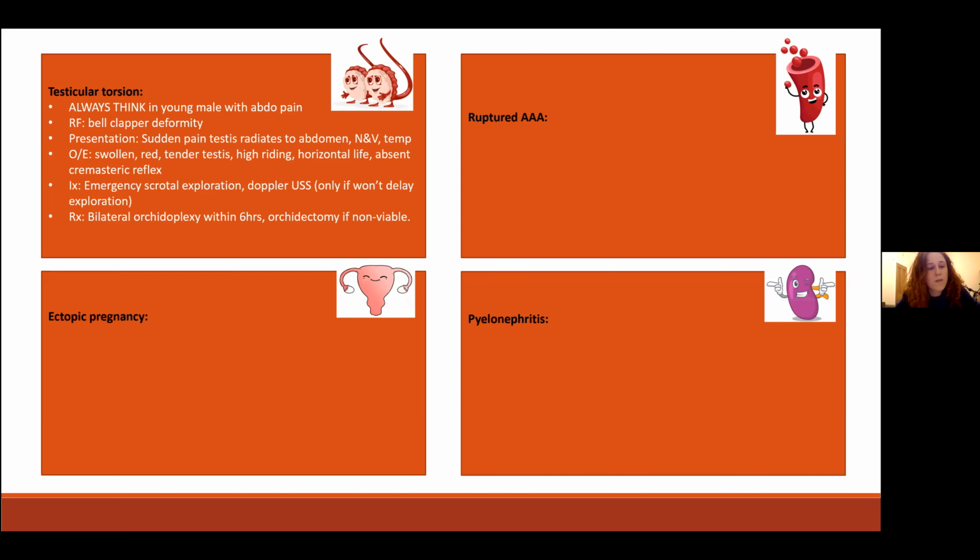Does anyone know what investigations you'd do for ectopic pregnancy? Transvaginal ultrasound scan, beta HCG. And then what are the treatments for ectopic pregnancy?